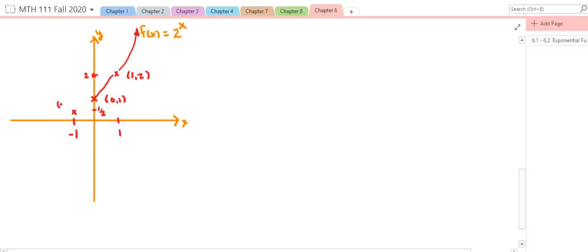So this is minus 1, 1/2, and we can see we're getting smaller, and then as this goes on, it'll get even smaller and smaller and smaller. So again, that's how it looks, just like it looked before.